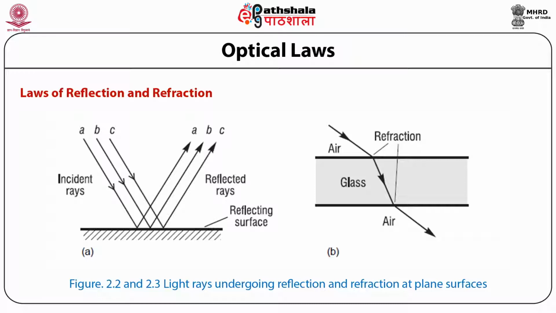A light ray is like an imaginary line directed along the path that the light follows. It is helpful to think of a light ray as a narrow pencil beam, or a narrow pencil of light, very narrow and well-defined, like a laser beam.